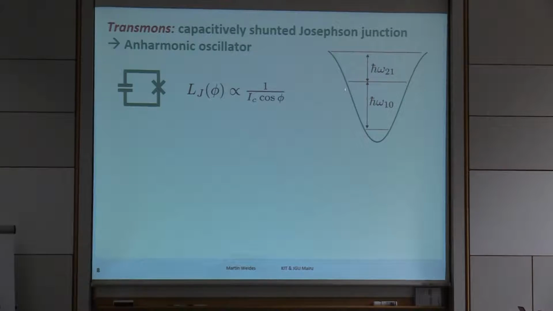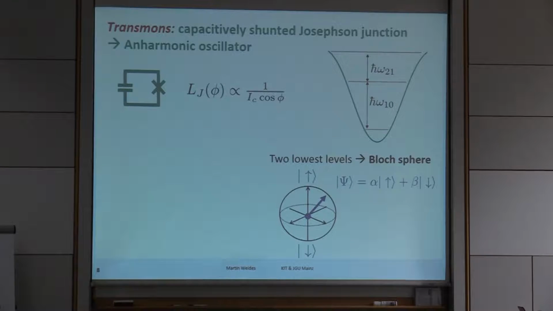Therefore, we have an anharmonic potential and a certain number of discrete levels in that potential. It's anharmonic, so the energy difference between the ground and first excited state differs from the transition from the first to the second state. But we usually have more than two levels in that potential.